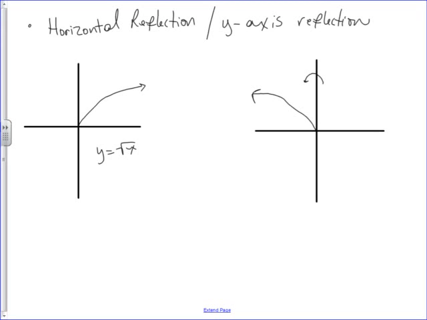Now, what the graph of this would look like, and don't confuse this with the vertical reflection, this would be y equals the absolute value of negative x. That's why it flips it around, because now positive numbers do not work in here.